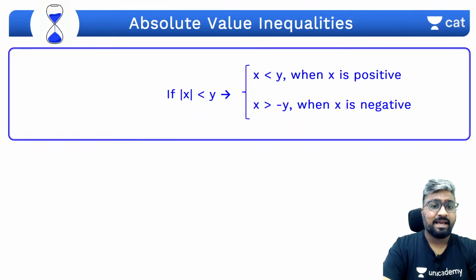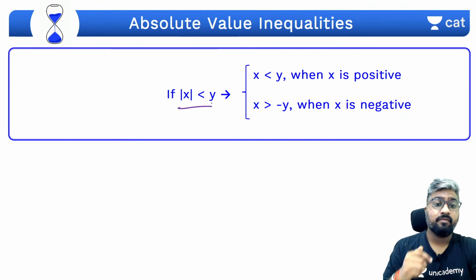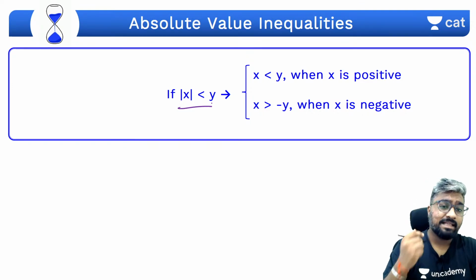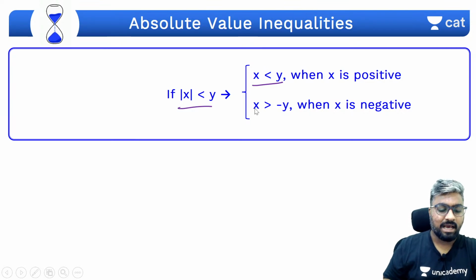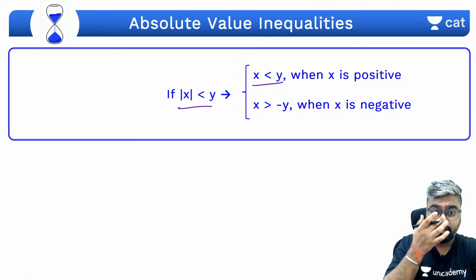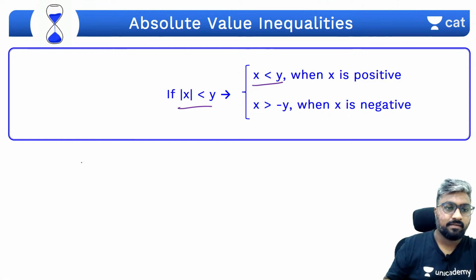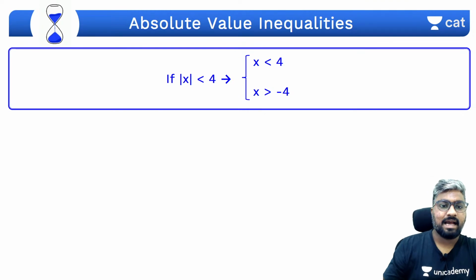Now if I say that modulus x is less than y, then there will be two outcomes for x. Either x is less than y, just like it's supposed to be, or x is greater than -y. So what happens here is you multiply by the negative sign and you flip the sign in between. For example, if modulus x is less than 4, then x will have two possible cases.